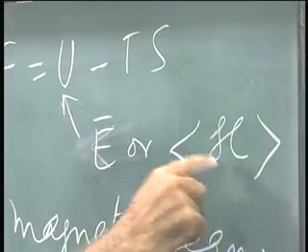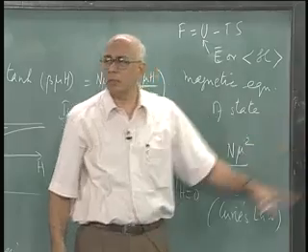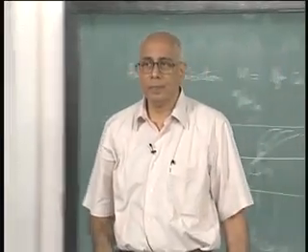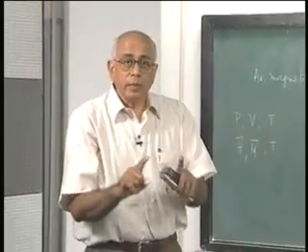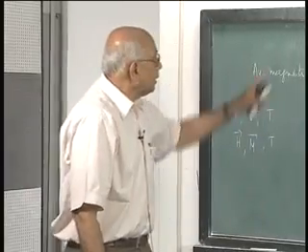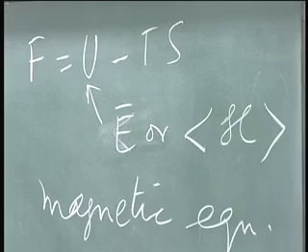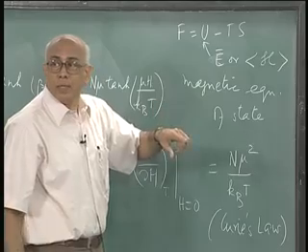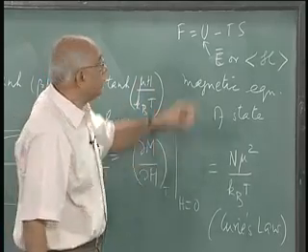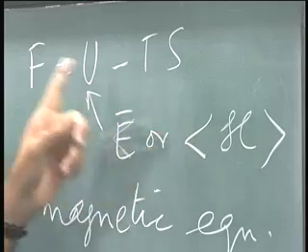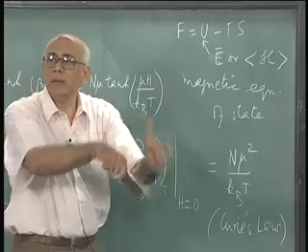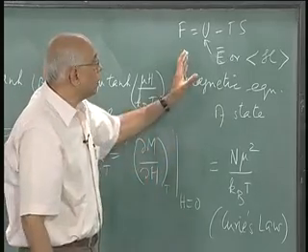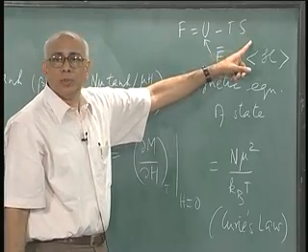I will use a script H for the Hamiltonian because I have used H for the magnetic field. If there is some interaction between the different constituents of the system, that is sitting in the script H, the Hamiltonian, and this tells you what is going on in real life, because at sufficiently low temperatures the ordering tendency of the internal energy, which tends to minimize the potential energy, overcomes the effect of the entropy.